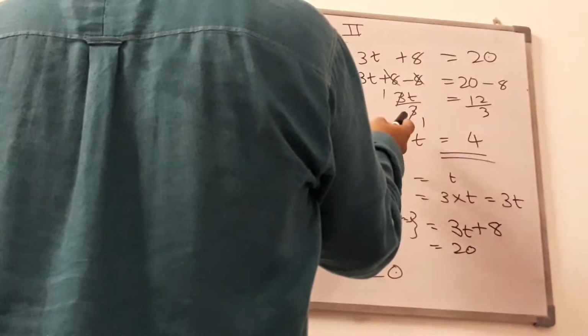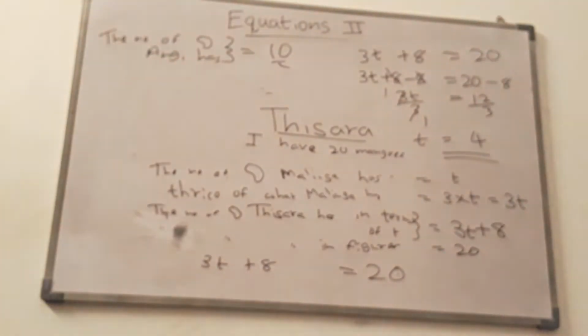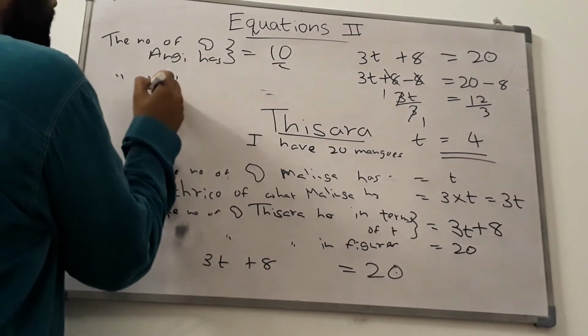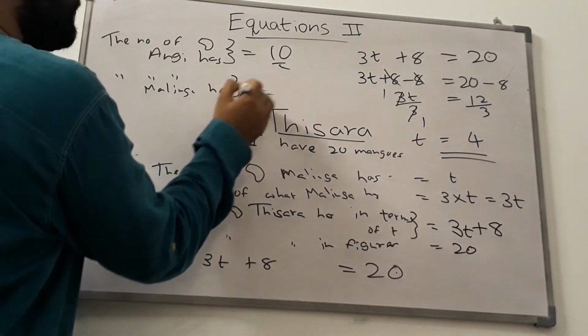The 3s cancel, leaving 1 times T, which is T. So we get a T term here. 12 divided by 3 means 4. So the number of mangoes Malinga has is 4.